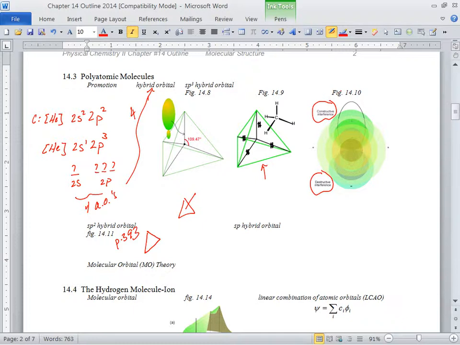That's what these little arrows are supposed to be. They're supposed to be electrons. And if you want to get this shape right here, of an sp3 hybrid orbital, you need constructive and destructive interference. Otherwise, it's going to just look like this thing, this big lobe, this sphere.